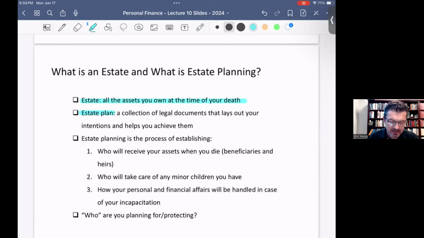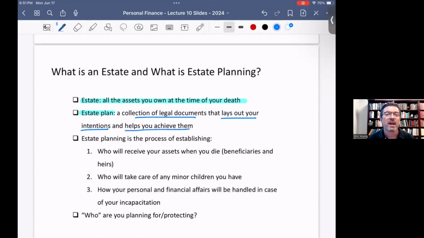An estate plan can be seen as simply a collection of legal documents, the tools for the job, that, number 1, lay out your intentions and your goals for after you're dead, and number 2, help you achieve them.